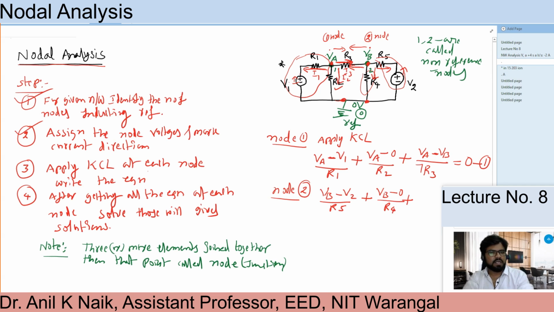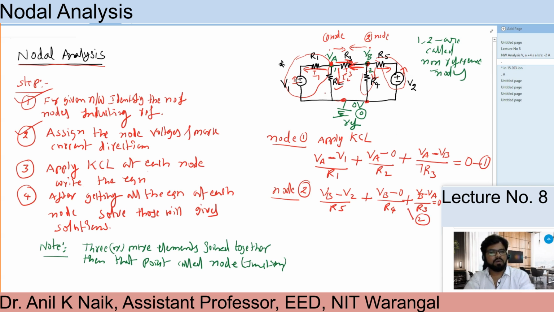So these are the three currents, right? This current, if you write, it is VB minus VA by R3 equal to 0. So this is the second equation we are going to take, right?